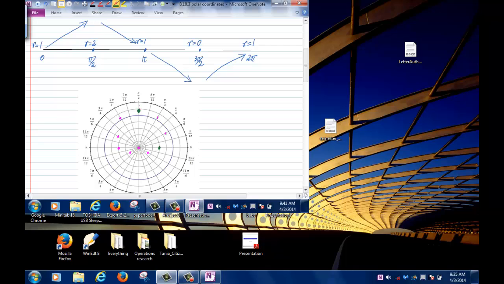So when theta is pi over 6, what's the value of r? What was r? r is 1 plus sine theta. So if theta is pi over 6, it's 1 plus sine pi over 6. 1 plus sine pi over 6 is 1 plus a half. 1 plus a half is 3 over 2. So in that case, I am getting this point here.